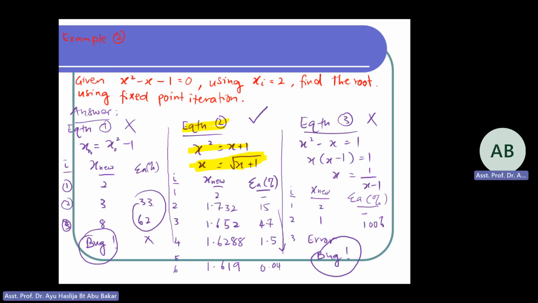If there are options of equation X, you should try until you see the EA is reducing. If you try the equation and the EA is increasing or you get an error, then the equation that you use is not correct.